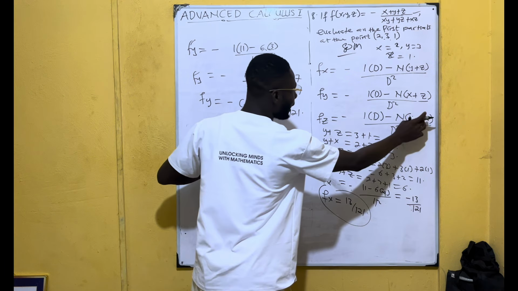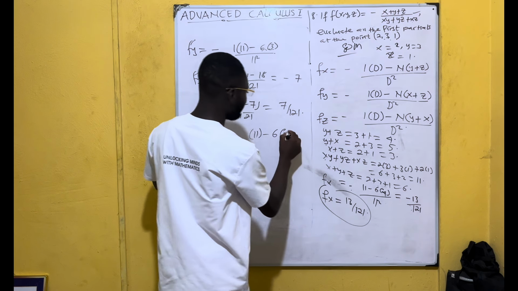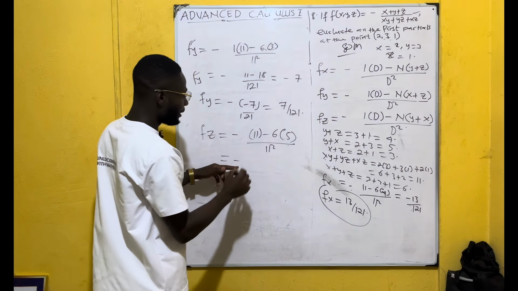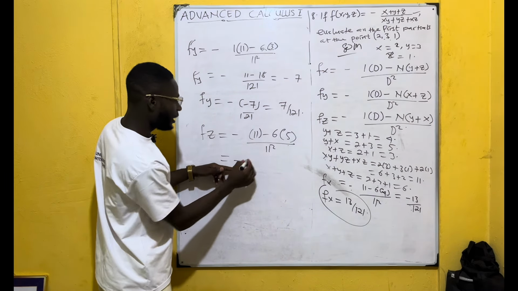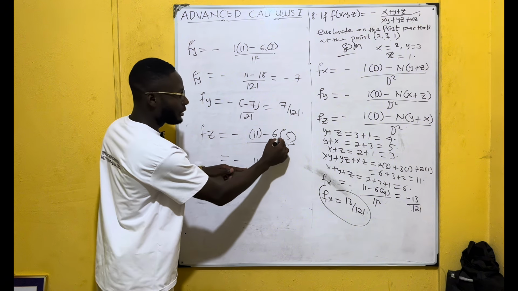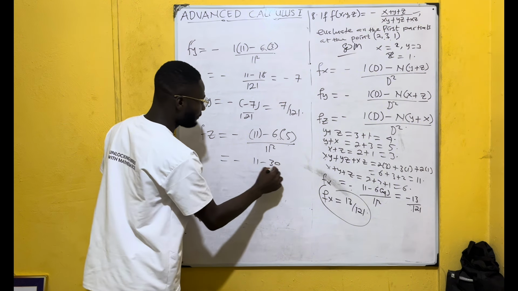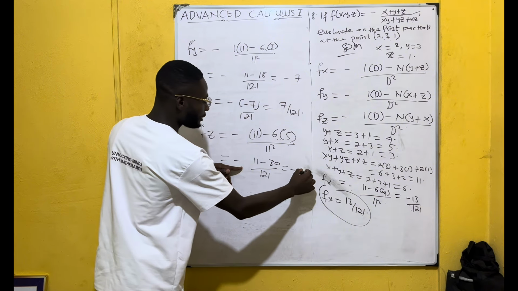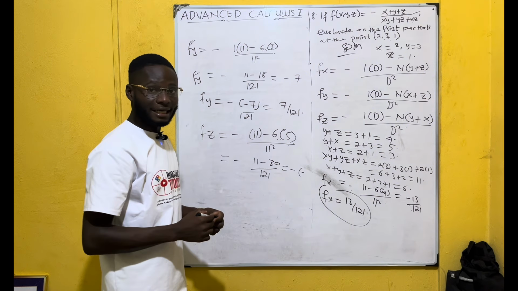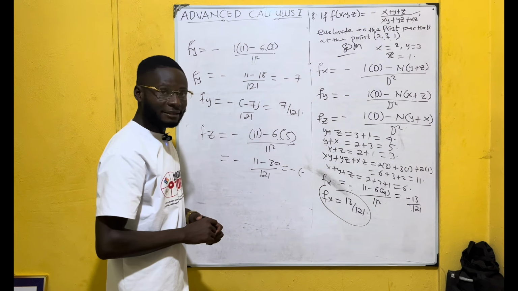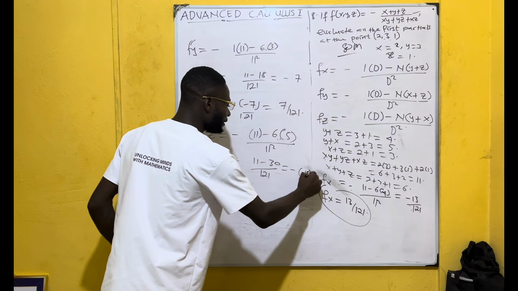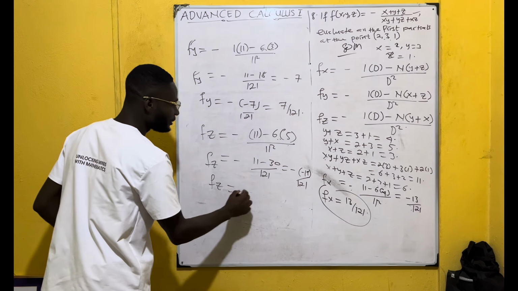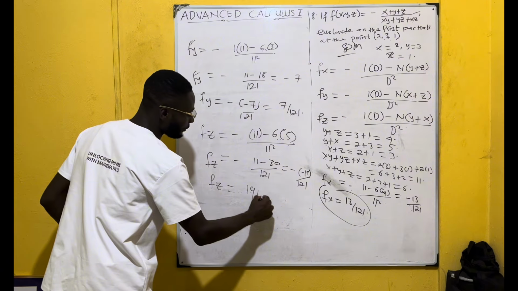And then our xy or yz is what? 5 divided by 11 squared, and that will give us minus 11 minus what? 6 times 5 is 30, divided by 121, and this will give us negative into negative of what? 11 minus 30 is negative 19. So we have negative 19 here divided by 121. So our fz will give us positive 19 over what? 121.